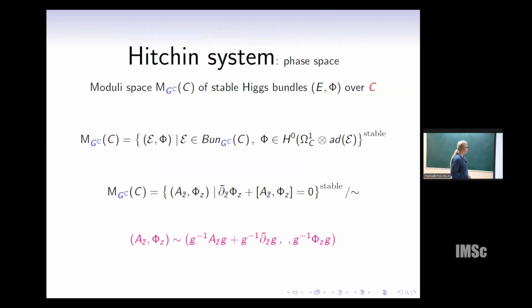In gauge theory language, the pairs would be the 0-1 part of the gauge field on C, and a 1-0 form valued in the adjoint representation. So it is sort of similar to what we had for the Yang-Mills theory, but now imagine that I replaced the circle, the one real dimensional space, by one complex dimensional space.